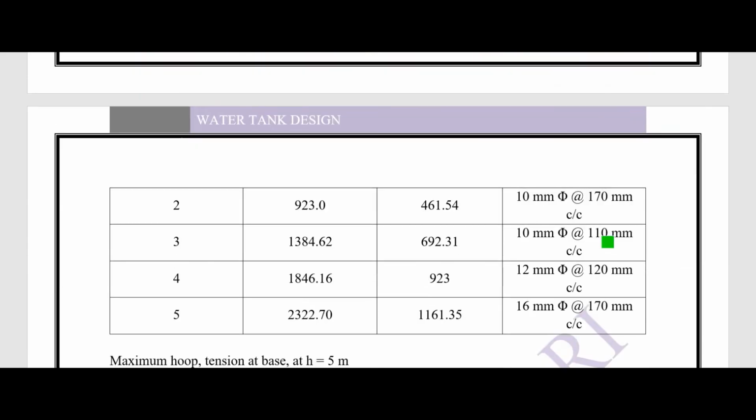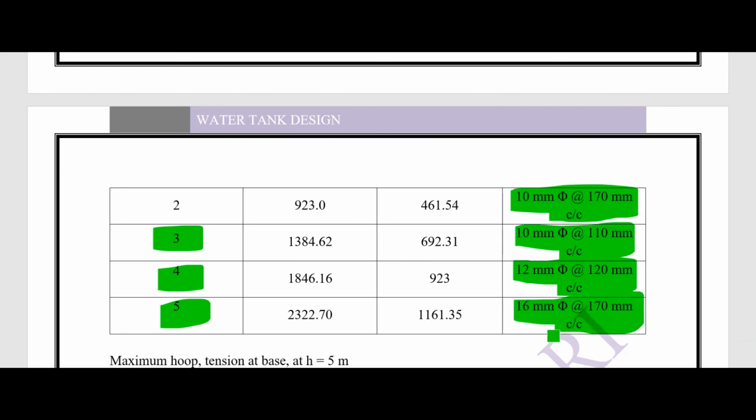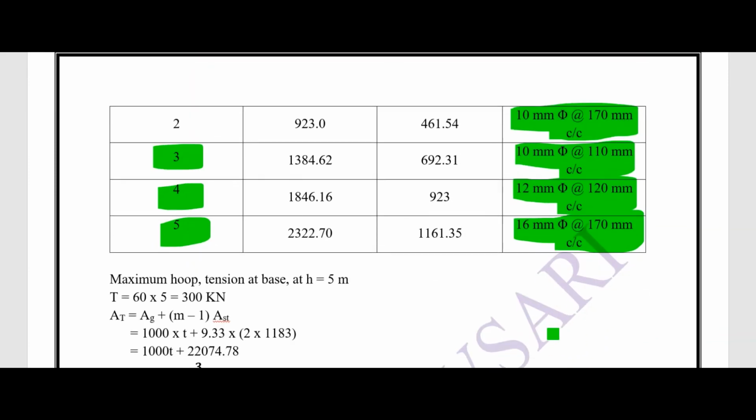Same step for the 2 meter, 3 meter, 4 meter and 5 meter. Right? So for the 2 meter, 10 mm dia, 170 mm center to center. 3 meter, 10 mm dia at 110 mm center to center. 12 mm dia at 220 mm center to center. And 16 mm dia at 170 mm center to center.